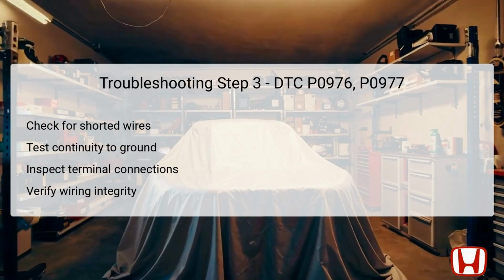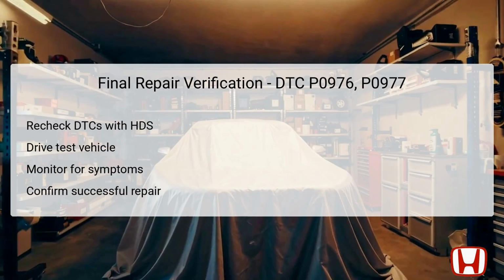However, if no such continuity is found, it suggests that the wiring is intact. At this point, the next step would be to replace the hydraulic control unit if all wires and connections are proven to be functional.